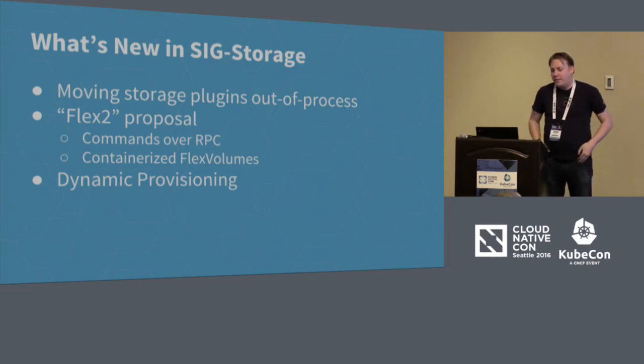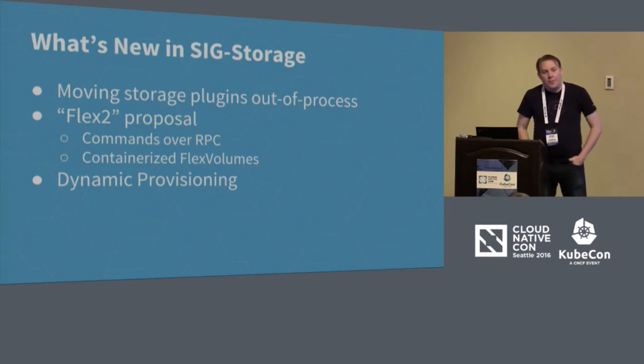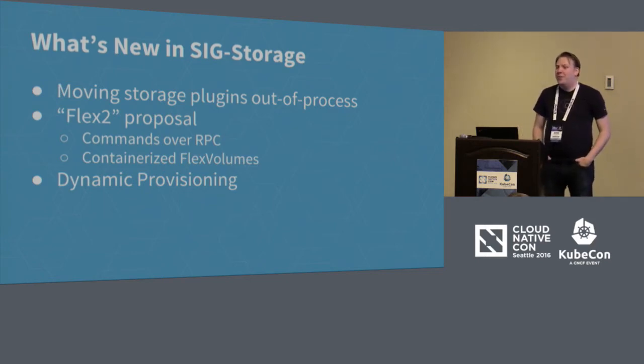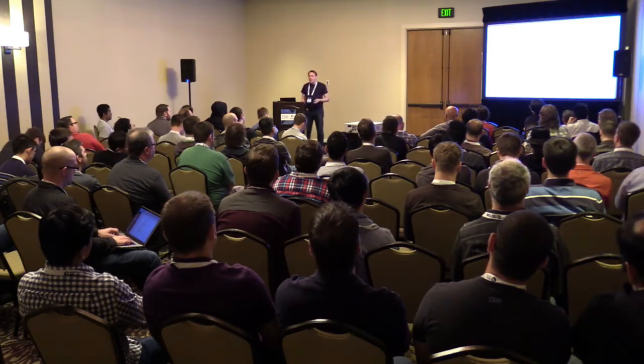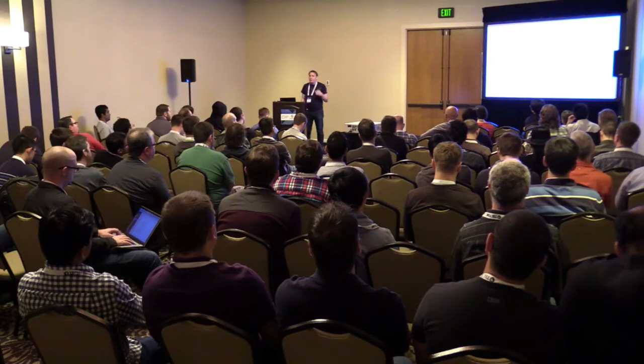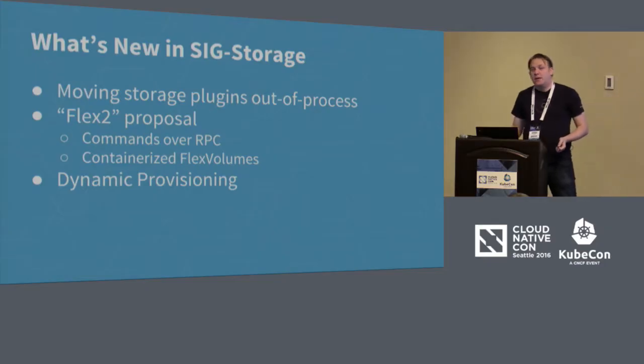That's kind of the general plan from Monday when we all met, as well as having a proposal for quote unquote Flex 2, which is an actual RPC API over a channel, be it a TCP socket, a Unix socket, something that can grab a container from the internet and then provide an endpoint by which mounts can happen through that binary that lives in the container, controlled by the kubelet, which will actually talk to the socket endpoint and send the commands. Similar, instead of execing, but just running something else.